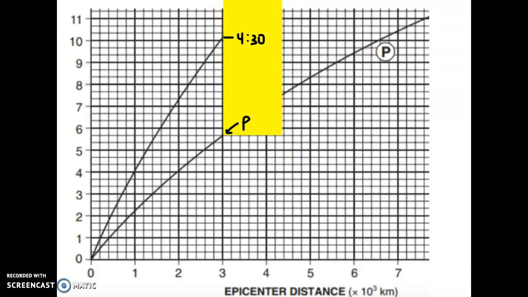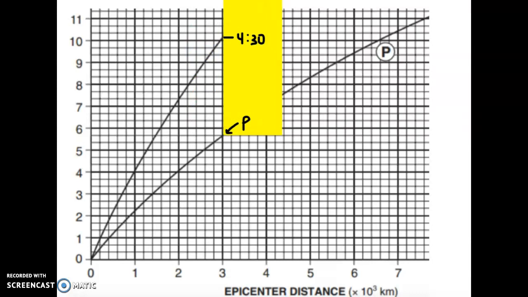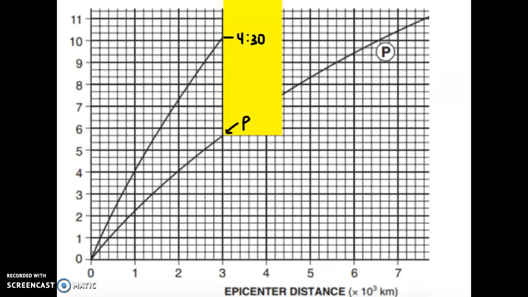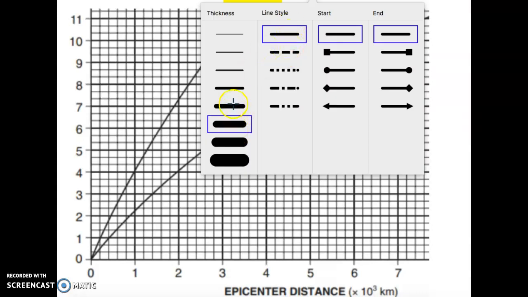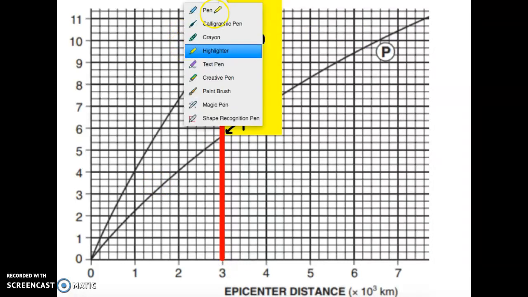I go straight down and grab my highlighter. You don't have to do this part on your paper, but I think it helps to see. I'm just going to go straight down this whole edge. If you go straight down this whole edge right here, you then look to see what the distance is.